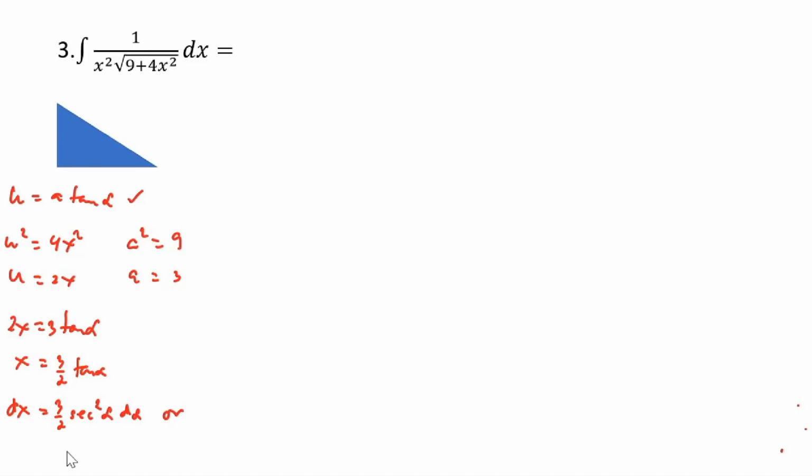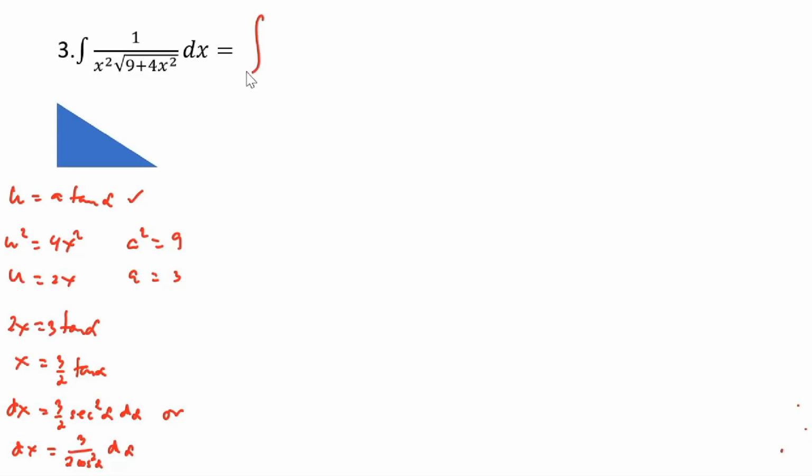Or I can write dx equals 3 over 2 over cosine squared alpha d alpha. The reason I'm using the reciprocal of secant alpha is that I just want to deal with sine and cosine, and besides, the radicand is in the denominator.